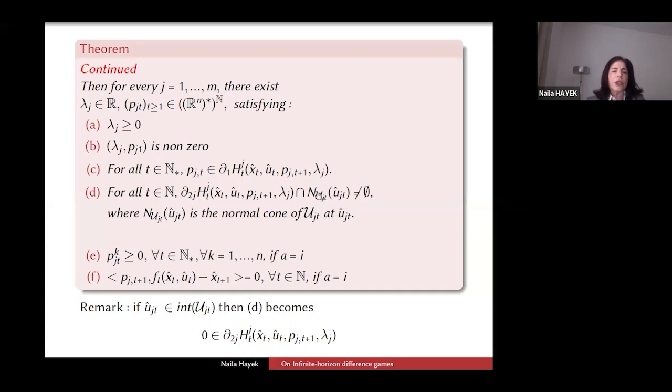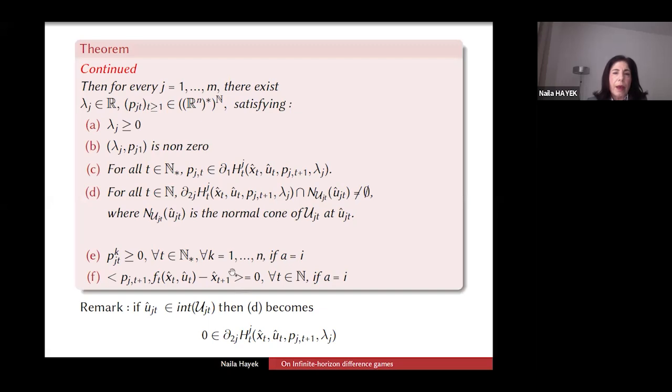So this condition reduces, when you have u hat jt in the interior of the set Ujt, to the condition that 0 belongs to the partial Clarke differential with respect to the variable uj.